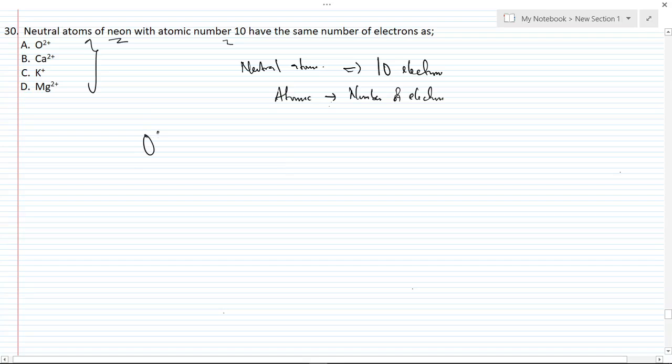So let's start with O2+. O is the 8th element, so it has atomic number of 8. However, it's not a neutral atom.